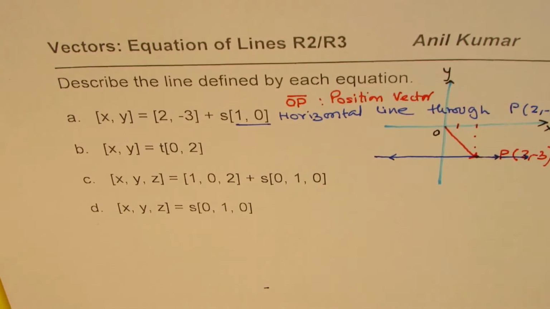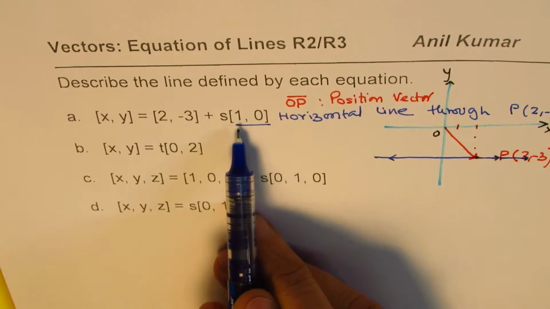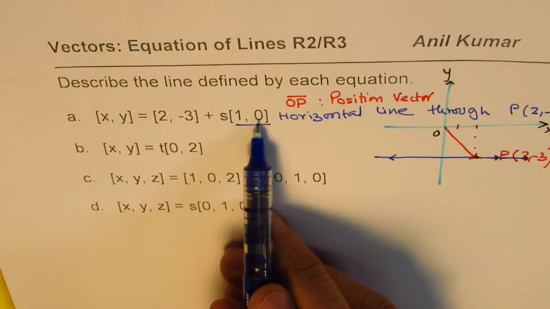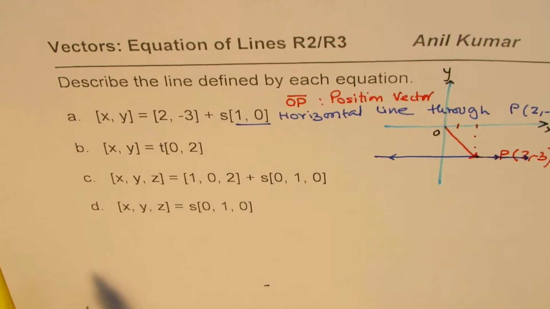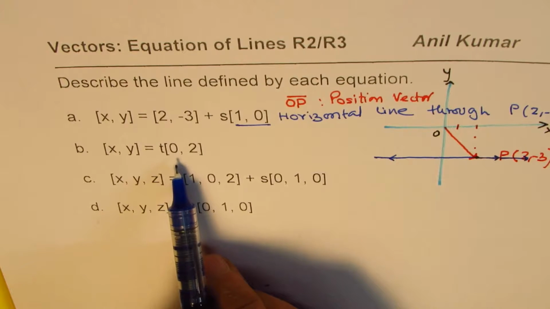You get an idea, right? With direction (1, 0), the direction is only along the x-axis and the line doesn't move along the y-axis. Now that should give you an idea of describing the second equation.